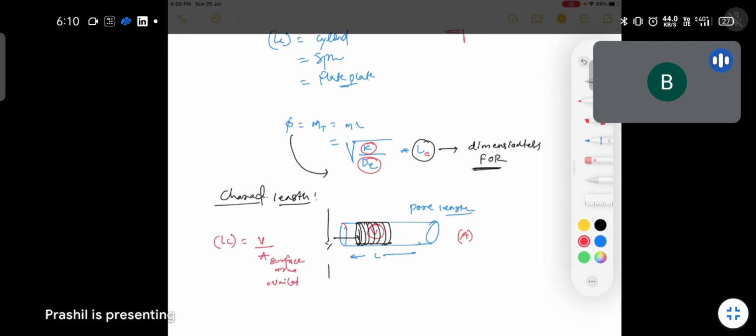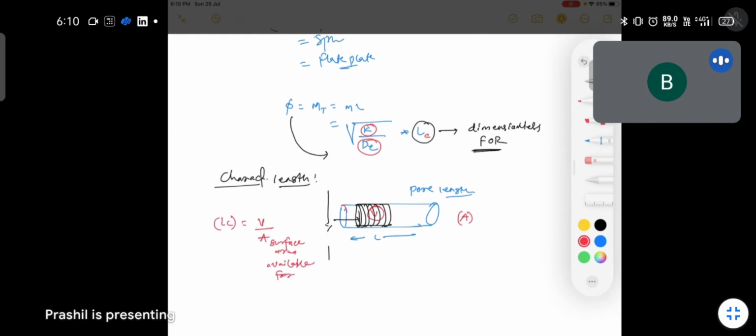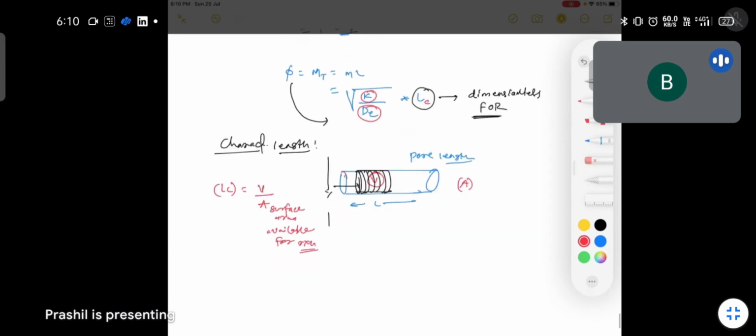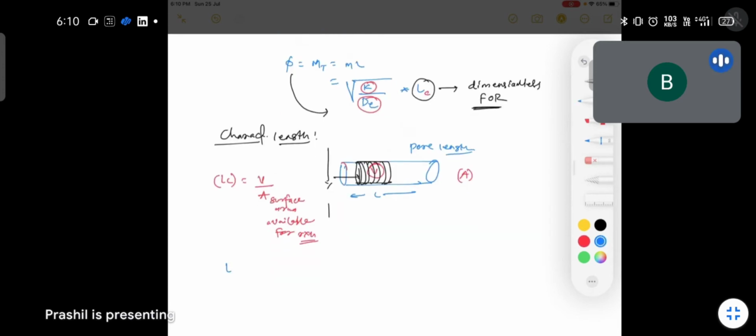Similarly, in heat transfer we have a characteristic length, where we find the volume divided by the surface area available for heat transfer. Here it is the surface area available for reaction. Let's calculate LC for a cylinder. Suppose this is your catalyst and it has pores, and I am assuming the pore is cylindrical in shape.